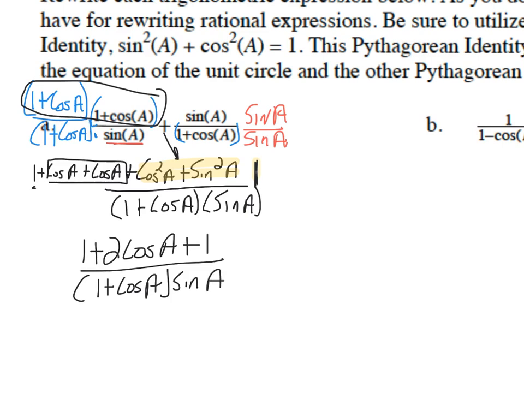Now we know that 1 plus 1 is 2. So let's rewrite this now as 2 plus 2 cosine a over 1 plus cosine a times sine a.